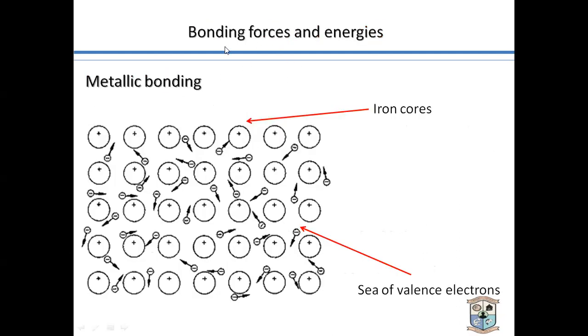So this is what happens here. Let's look at the bonding forces and energies. So you have your ion cores there and your free valence electrons protecting the ion cores. This is the sea of valence electrons, just free roaming around.